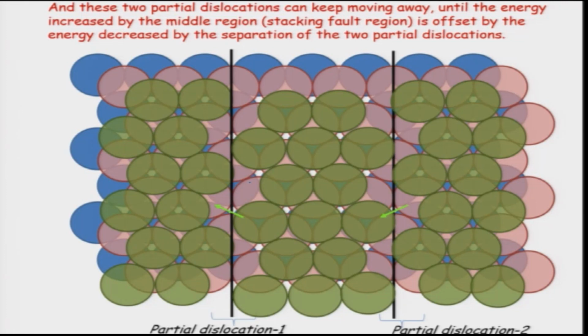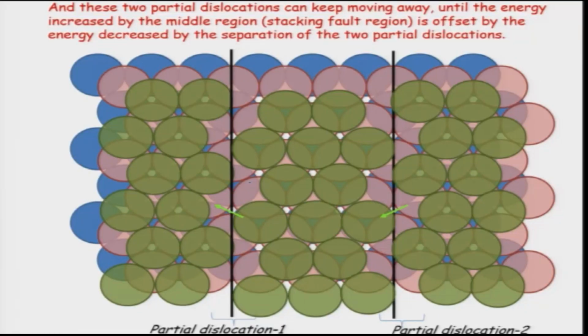So, in these particular slides what we have shown so far is that there are two extra half planes, and that these two extra half planes can move apart and form partials. We started to show two things, and now we see that those two things are related. What are those two things? First, that a full edge dislocation in FCC contains not one extra half plane, but two extra half planes, and second, that it can form partial dislocations.